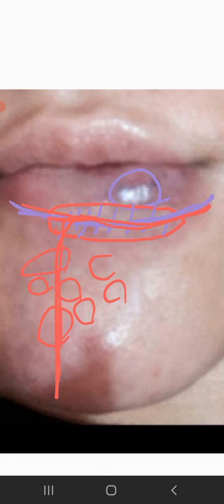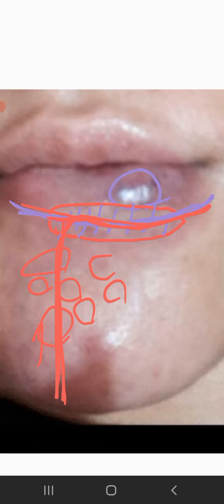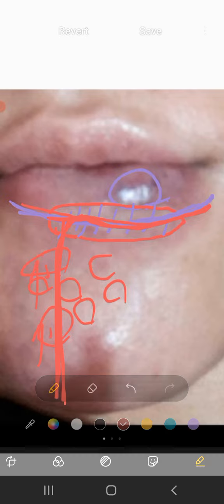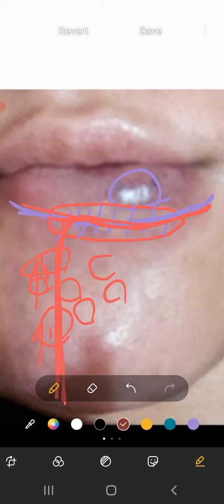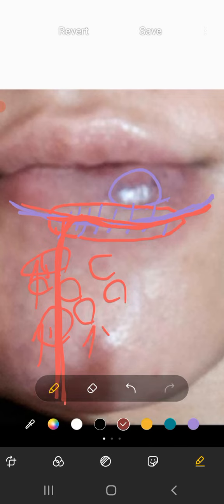Because of the deficiency of the blood circulation from the ascending artery upward, this mottling pattern has occurred.